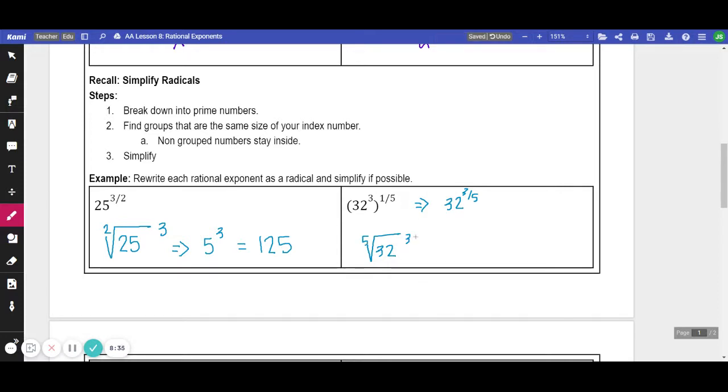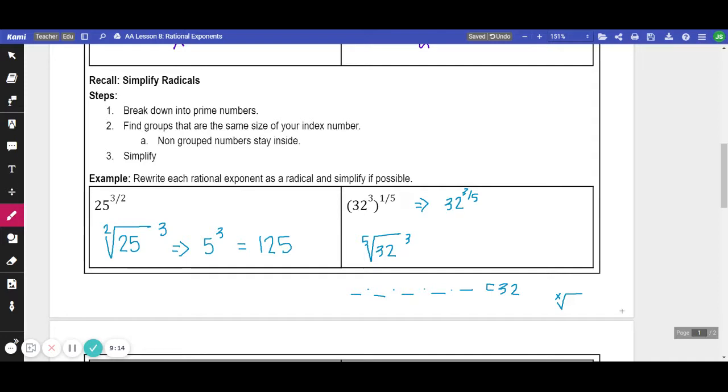Again, I could do 32 to the third and then find the 5th root. I don't know what that is. I can do the 5th root mentally. The 5th root means some number that I multiply 5 times, 1, 2, 3, 4, 5, that equals 32. I happen to know that that's 2, right? Or I could multiply it out and figure out that it's 2. If you don't, you need to find that 5th root button on your calculator. I have that Texas Instruments, that blue one that so many people have, and mine is above the caret, and it looks like this.